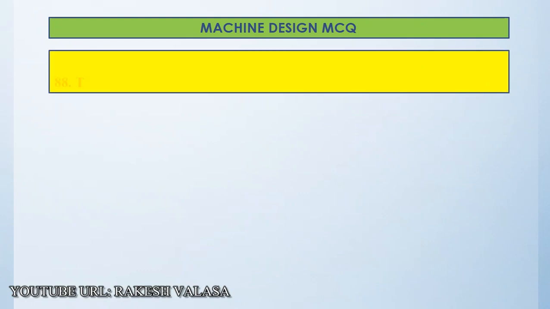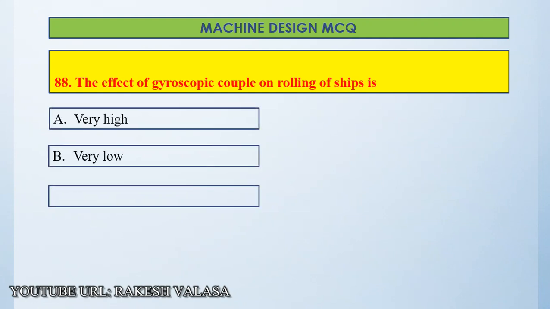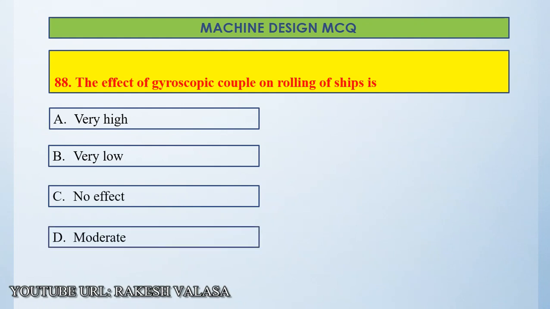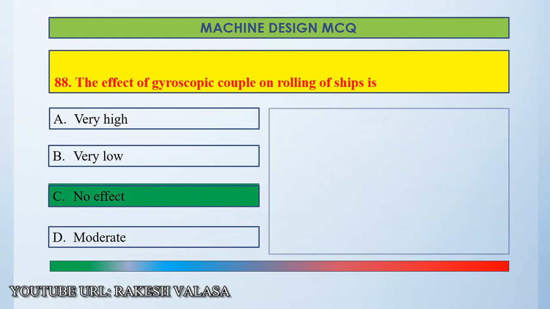Question number 88. The effect of gyroscopic couple on rolling of ships is option A very high, option B very low, option C no effect, option D moderate. The correct answer is option C, no effect. Let us see the explanation.